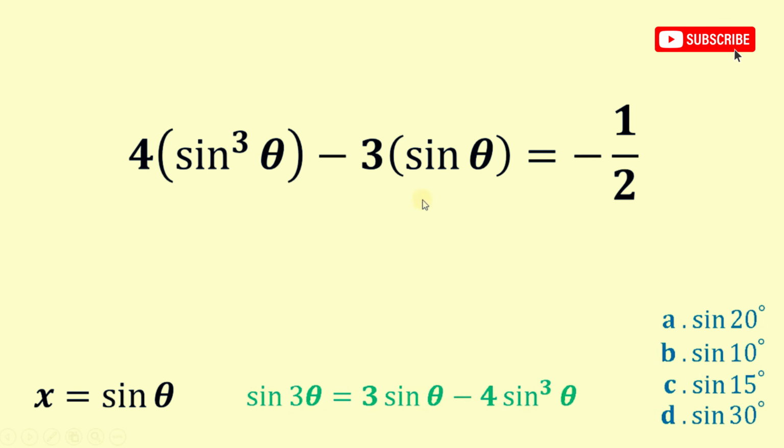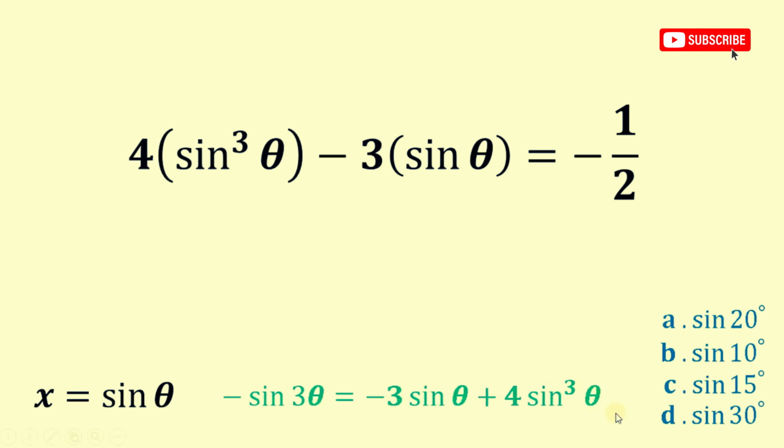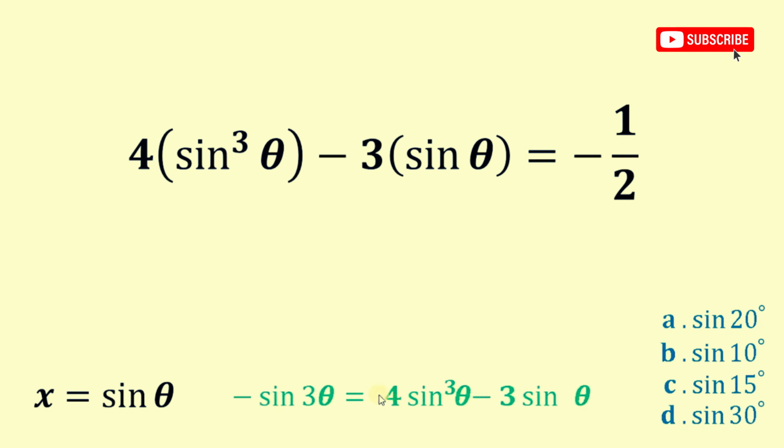This is very similar if we multiply this identity by negative 1 like this. And then if we rearrange some terms a little bit on the right-hand side, this will give us 4 times sine cube of theta minus 3 times sine theta. This is exactly the expression on the left-hand side of our equation.